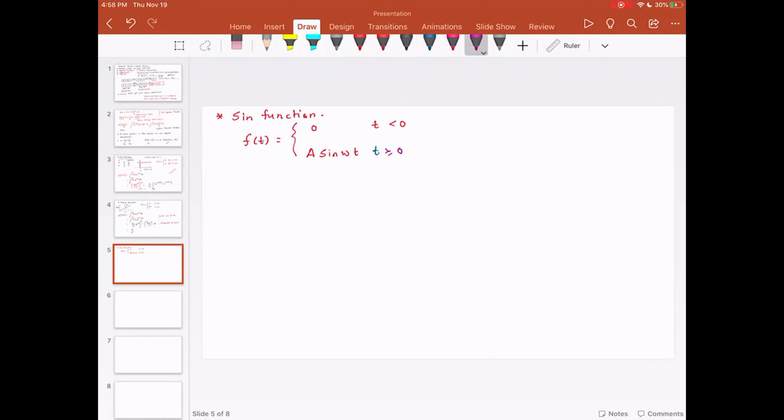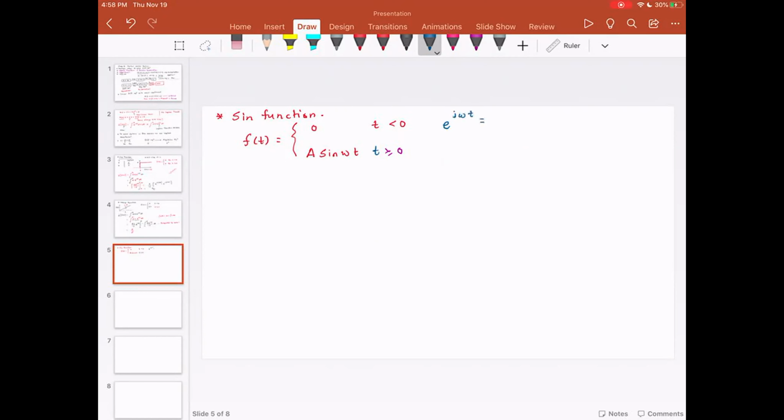Now, what we want to do is solve this using Laplace transform. But before I solve it with Laplace transform, let me remind you of the identity that I mentioned in the last class.